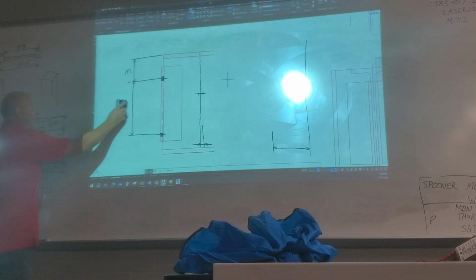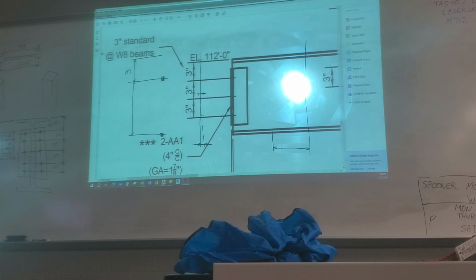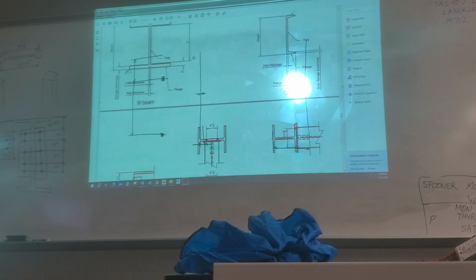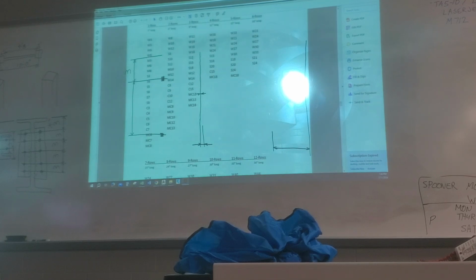If the member that I give you is a W18, you're going to come back over here. You're going to go to that chart and you're going to say, well, here's a W18, 3 rows. Let me look at the next one. Here's a W18, 4 rows. Let me look at the next one. Here's a W18, 5 rows.